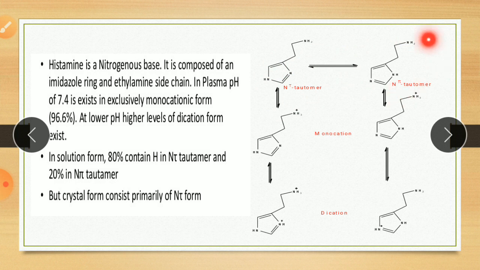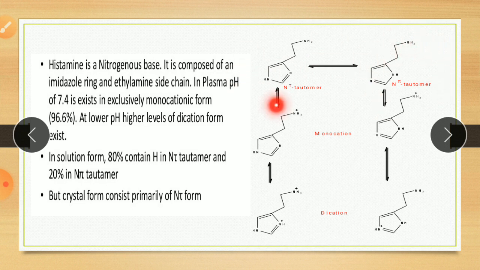Then it gives this structure called the N-pros tautomer. So this is the structure of histamine called the N-tau tautomer, and after tautomerization, the bond shifts here and the hydrogen shifts to this nitrogen, then it is called the N-pros tautomer.